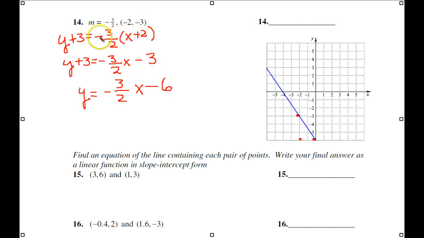There's a 1 left there, so that's where it becomes a negative 3. I transpose the positive 3 to this side, making it a negative 6. There's my y-intercept, a negative 6, 0. My slope is a negative 3/2, so I'm going to go 2 to the left, up 3, and there's my line.